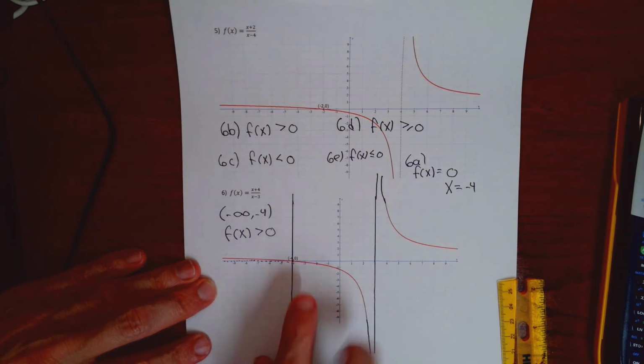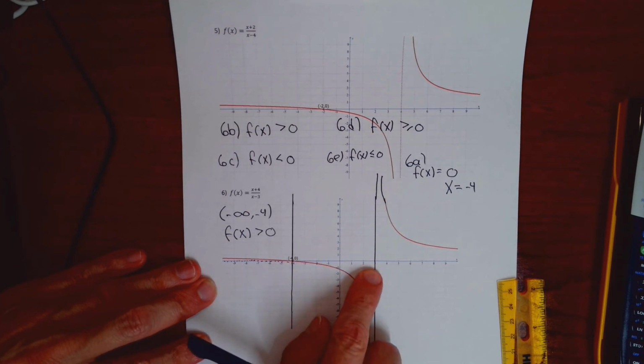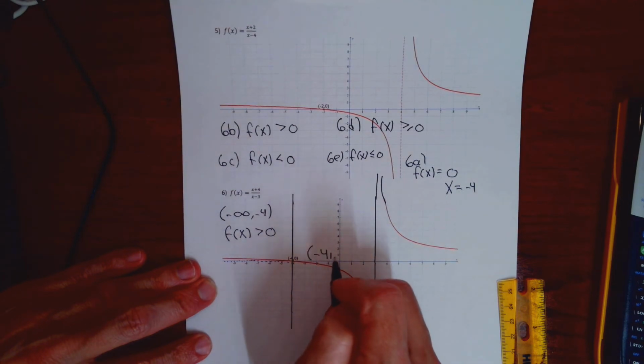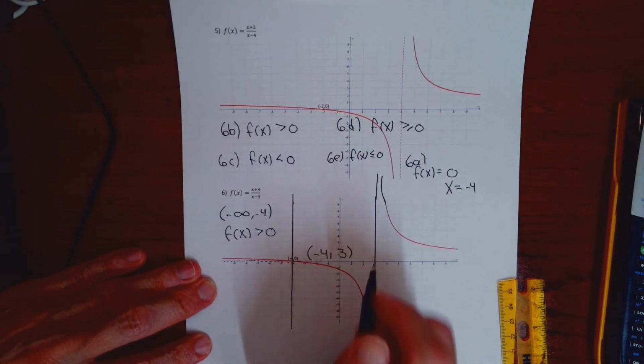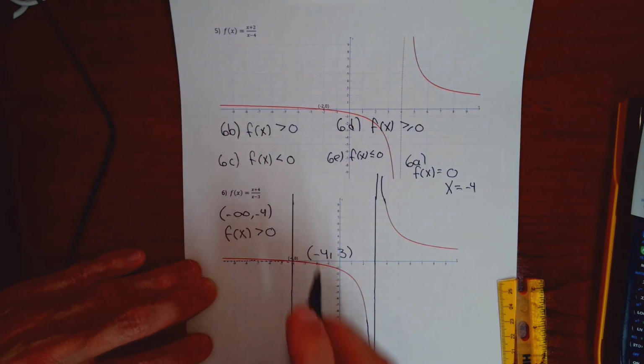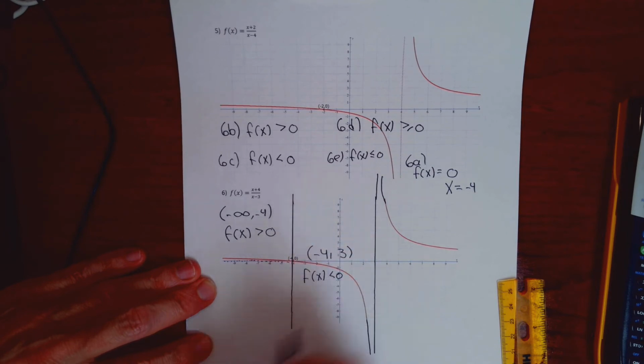My middle interval is going to go from the x-intercept to the vertical asymptote, and you can see the vertical asymptote is at 3. So the middle interval goes from -4 to 3, and all the graph is beneath the x-axis in this interval. So this interval is going to be a solution to the negative y's, which are y's that are less than 0.